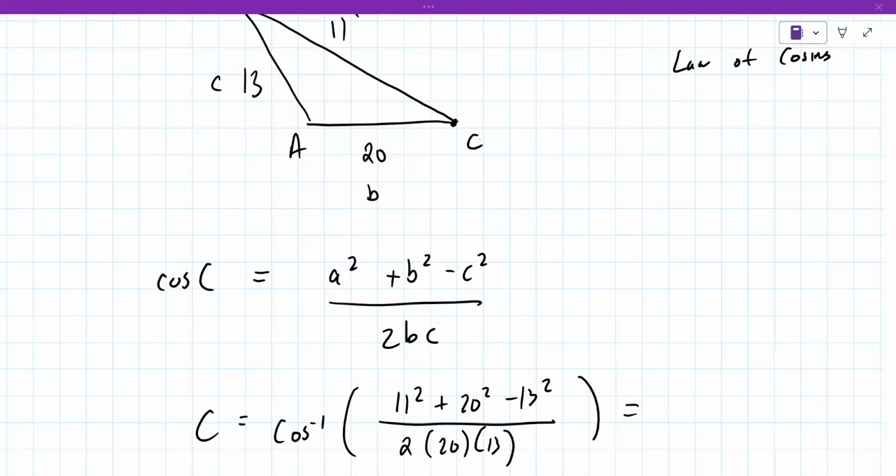My calculator's being weird. It's like, okay, let me try this again. So in terms of how you do this in the calculator, you need parentheses in the numerator and parentheses in the denominator.